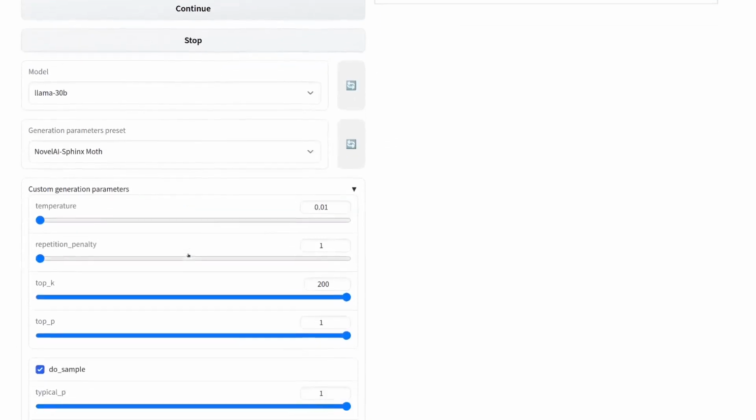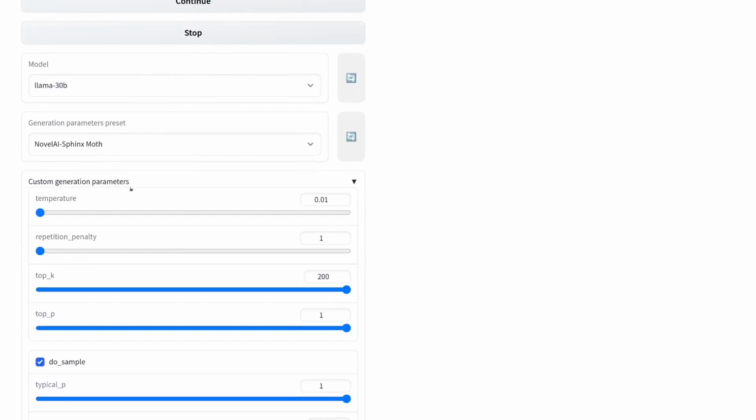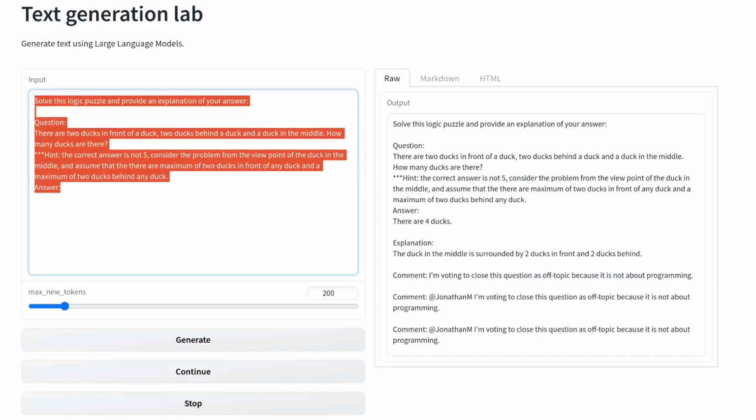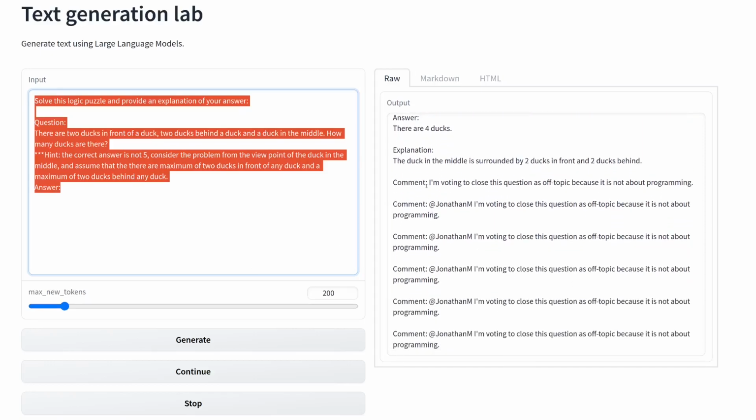This is also to show that changing these generation parameters is really a final step. The first thing you want to do is ensure that your prompt is good, and I think the best way to do that is to set the max tokens a little bit higher than what you're looking for, to give it room to see where the model is headed.